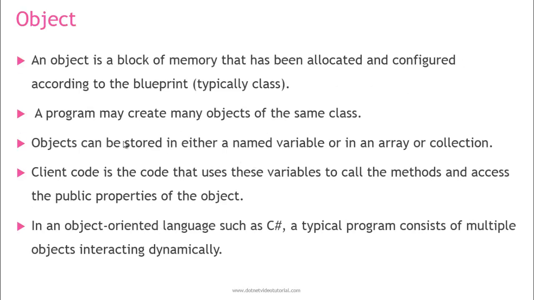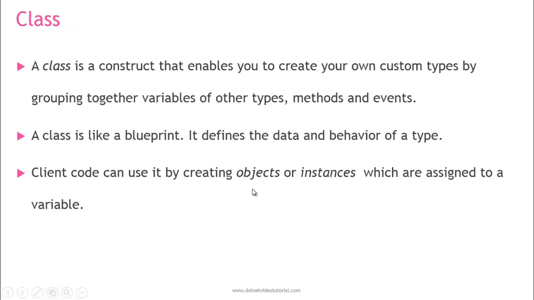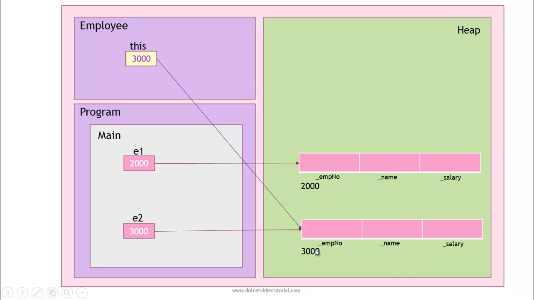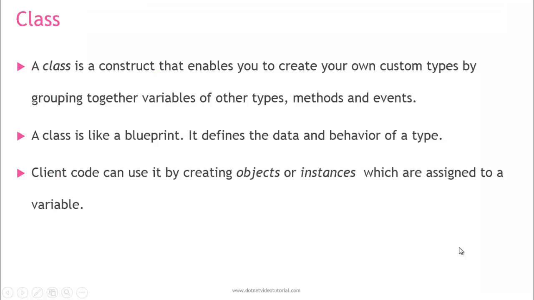Same way, let us have a look at some important points of objects. An object is a block of memory that has been allocated and configured according to a blueprint, typically a class. So E1 is a block of memory which has been configured according to class employee, as it has structure, employee number, name, salary, and has behavior, read and display.